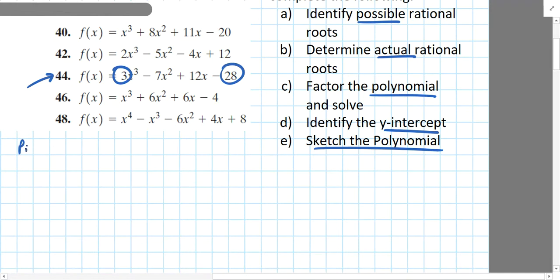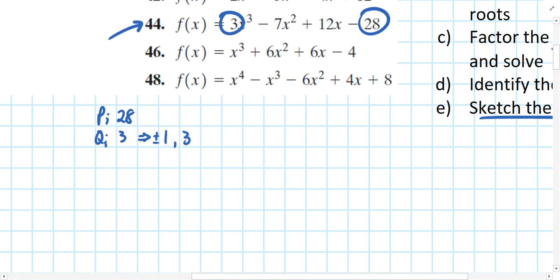For the p-value of 28 and a q-value of 3, well, the q-value of 3 produces just positive and negative 1 and 3. Those are the only factors of the number 3. For 28, however, we'll have positive and negative factors, and we know that 1 and 28 work.